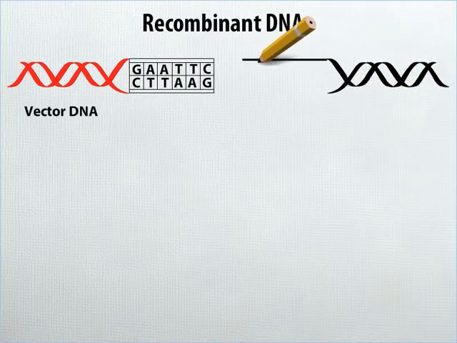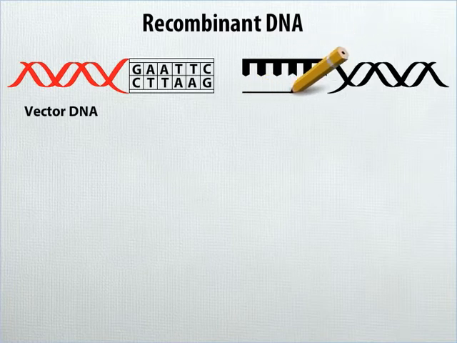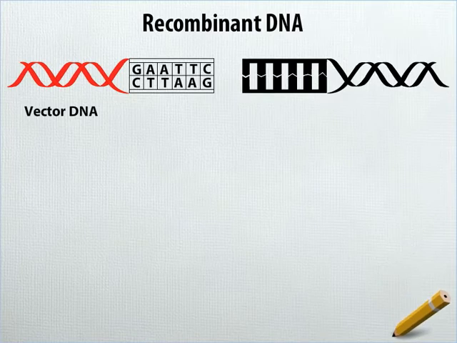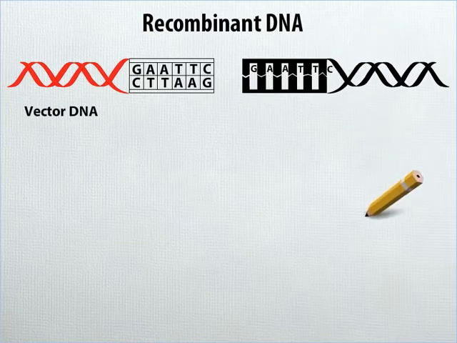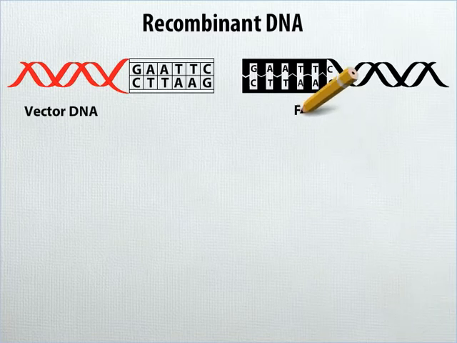Draw a rectangular box and write the base sequence GAATTC on the upper strand and CTTAAG on the lower strand on the left side of the DNA. Label it as foreign DNA.